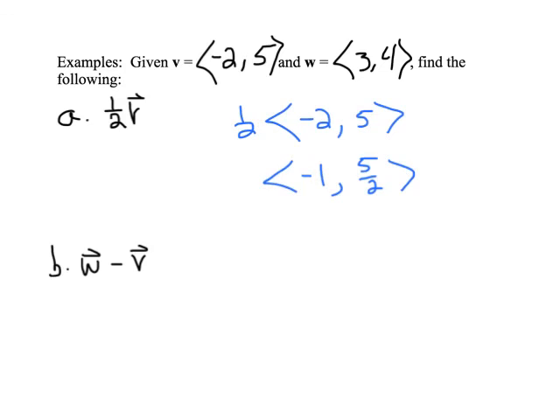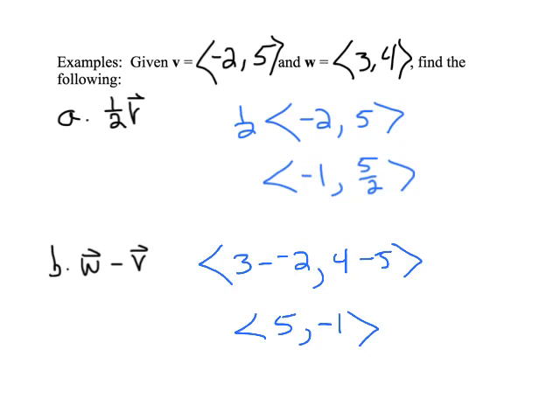Now, if I want w minus v, again, you're going to subtract the components. If I wrote it out, it's going to be 3 minus -2 and 4 minus 5. So in the end, w minus v ends up being <5, -1>. And that's a summary of the basic vector operations.